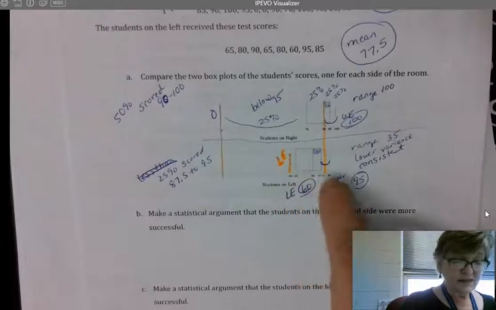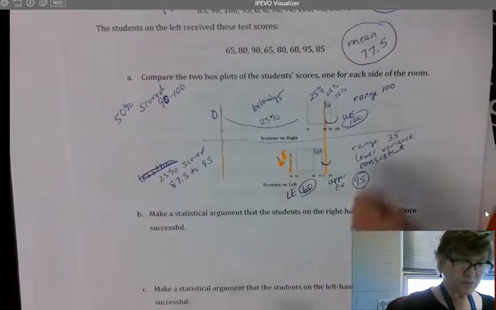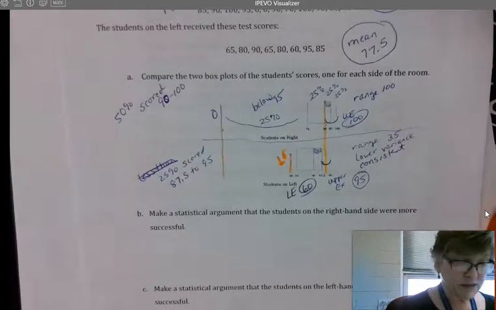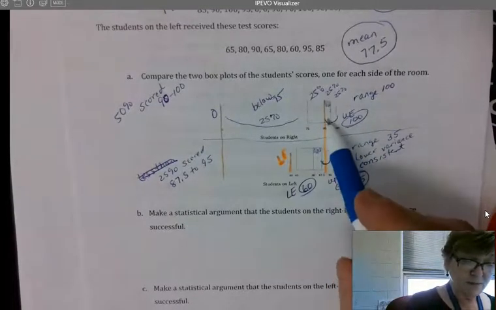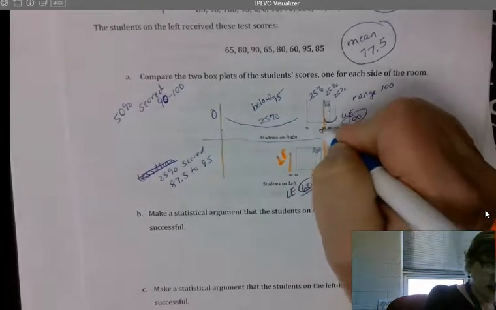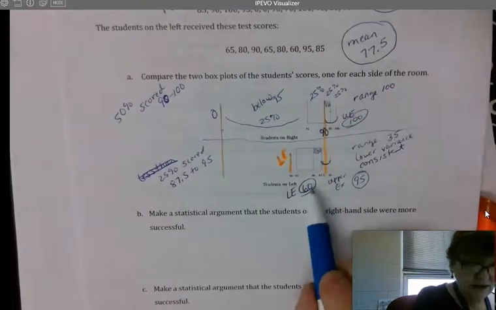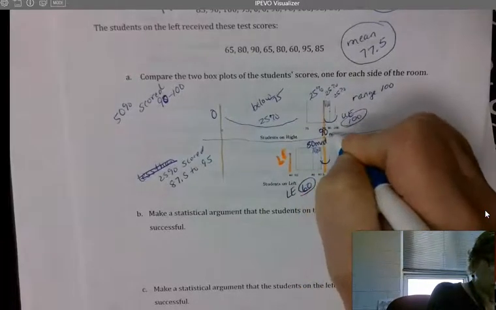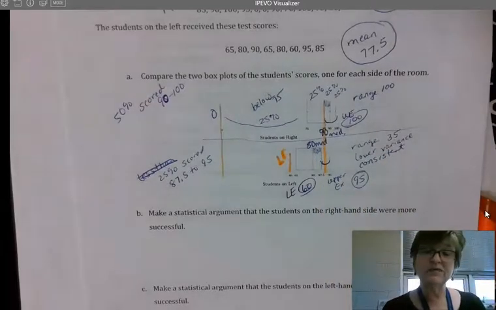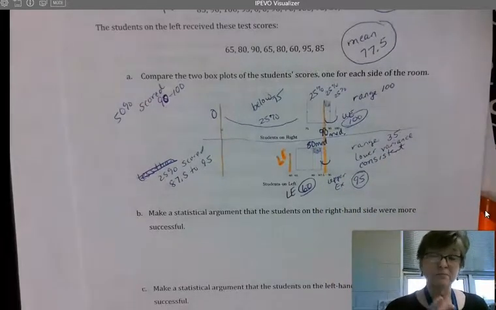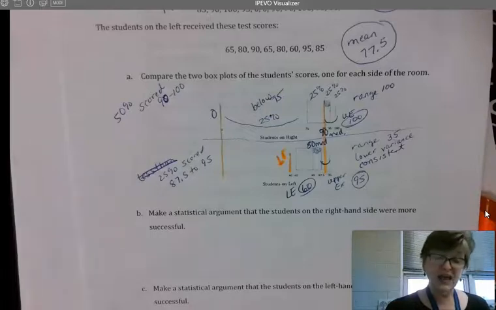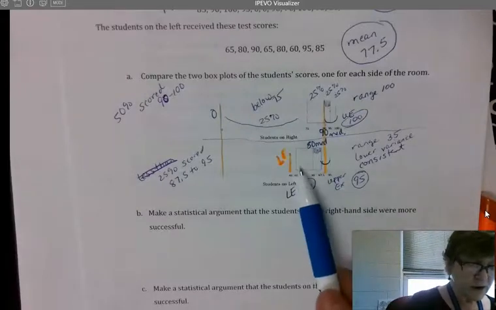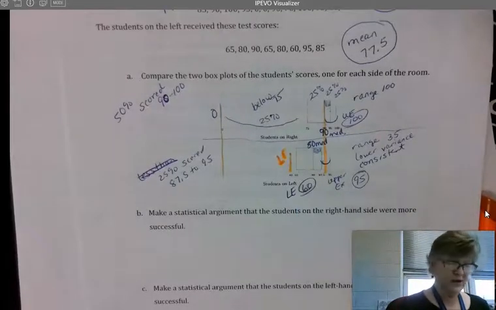So as we look at our data and do some comparisons, we've talked a little bit about the range, and we've talked about the median. The median is 90 here, and the median here was 80. That's a pretty significant difference to say that the middle grade was an 80 versus a 90. Think about which one you would prefer to have. All right, we also want to look at that interquartile range.